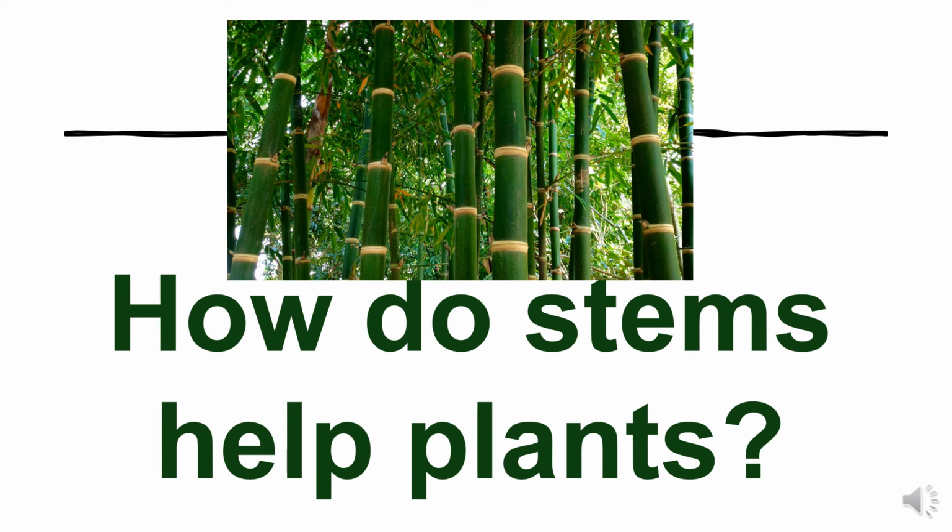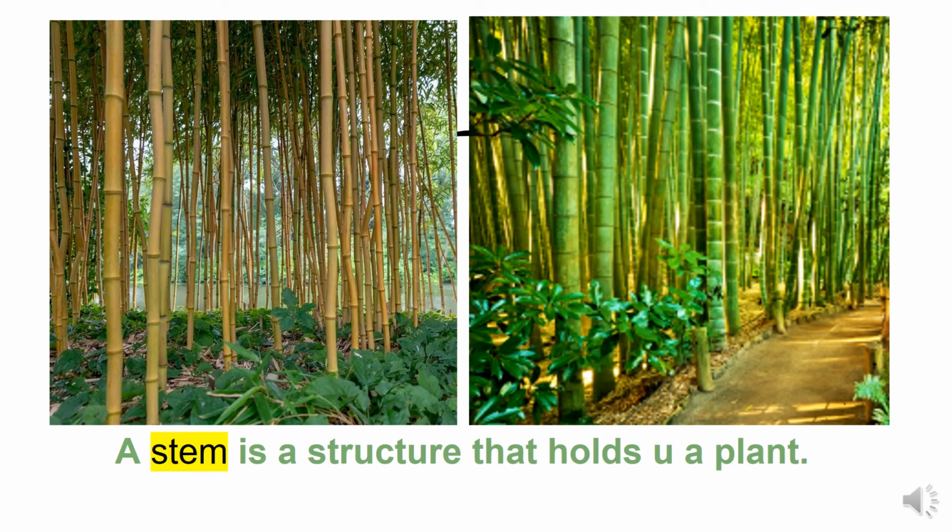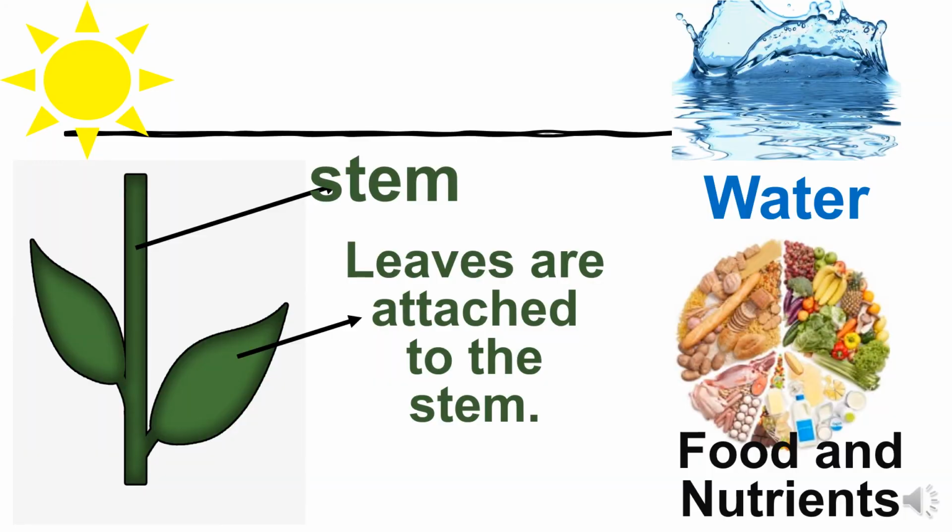How do stems help plants? As I said, the stem is a part of the plant, and stems have a very important job for plants. A stem is a structure that holds a plant. Okay, so the stem of a plant holds it up, and also a stem distributes the water and nutrients up to the whole plant.